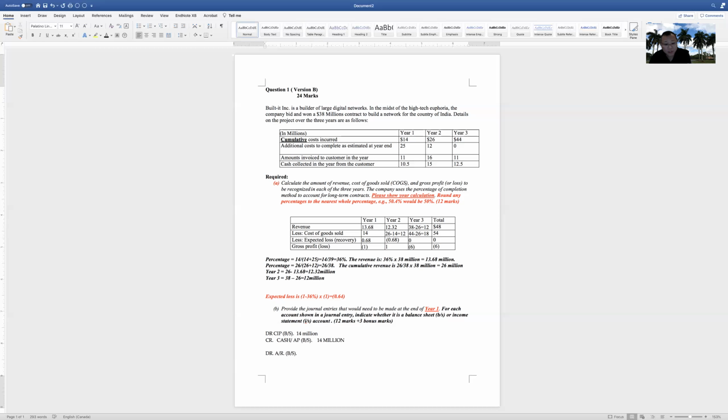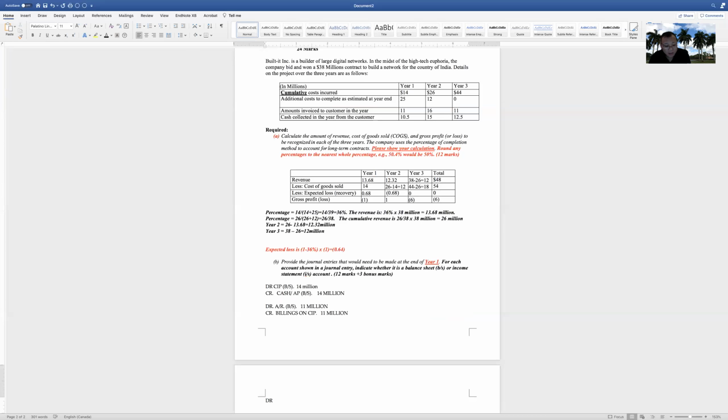So that's going to be AR billing 11 million, credit billings on CIP 11 million, and cash collection debit cash. So this is going to be a balance sheet item. This billings, this is like an unearned revenue. This is also a liability.